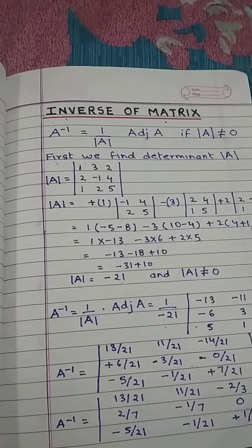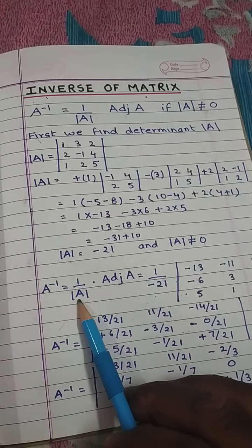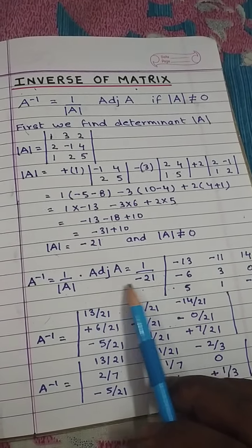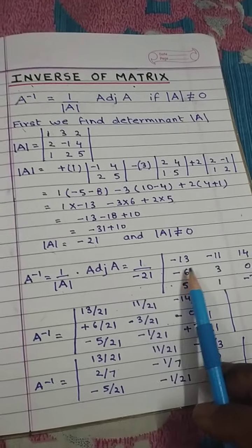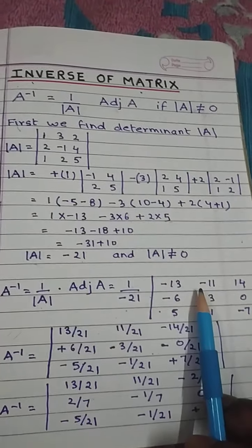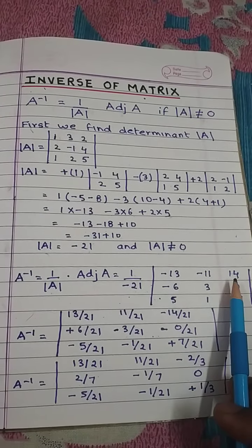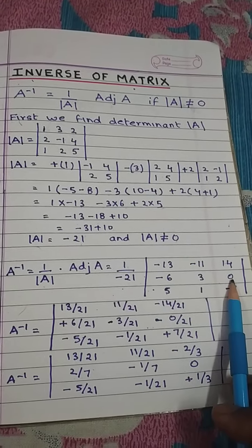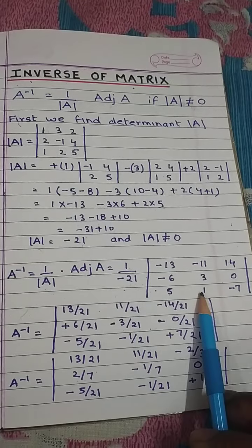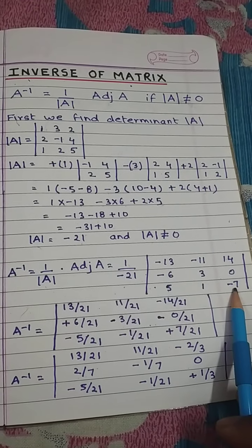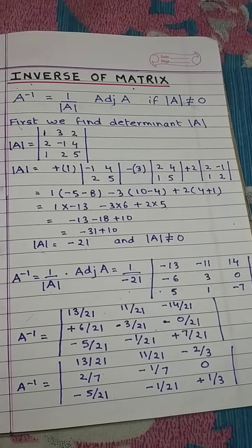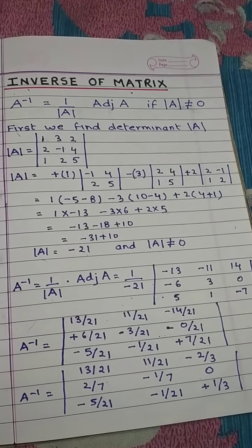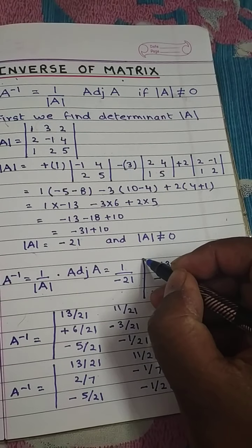We can find out the inverse using the formula 1 over determinant A multiplied by adjoint A. 1 over -21, times -13, -11, 14, -6, 3, 0, 5, 1, -7. Is it clear? So we can find out the inverse of the matrix.